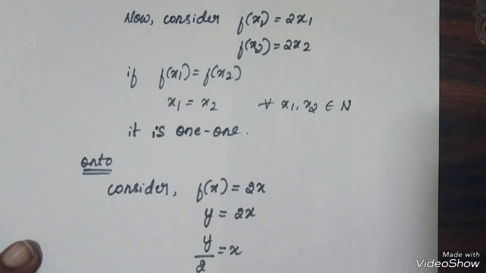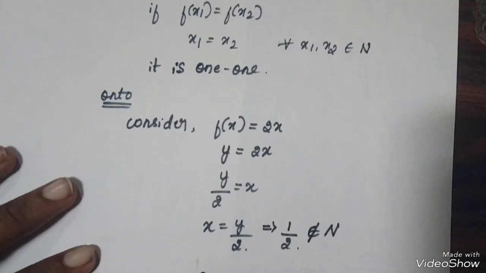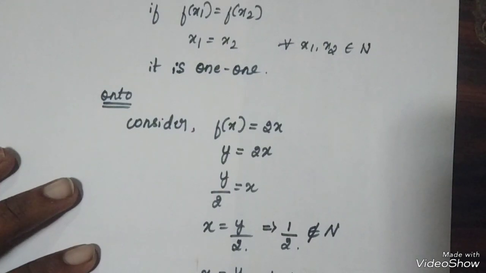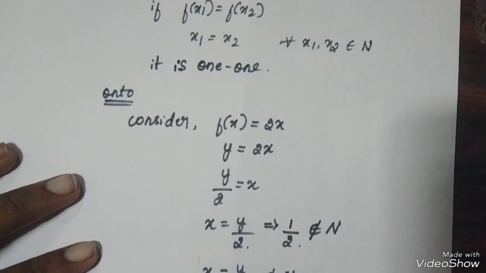Put y equals 1, then x becomes 1 by 2. 1 by 2 is not a natural number, because its value is 0.5, which does not belong to the natural number set. That's why x equals y by 2 does not belong to the natural numbers. So the codomain has an element with no preimage in the first set. Therefore it is not onto.